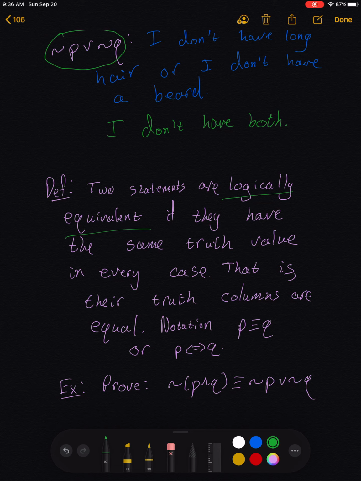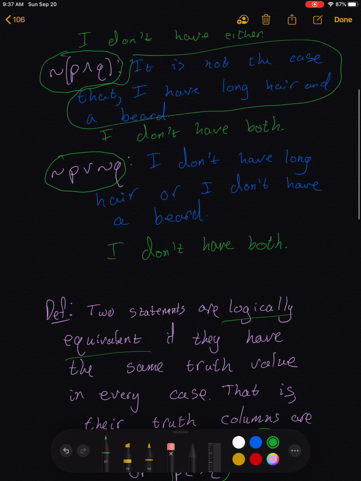That is, that their truth columns are equal. And there's a couple different notations here. We'll use the triple bar just like set equivalency, or a double arrow. Either one, you'll see in different scenarios. Okay, so what we just said was that, again, going back to this example here, the negation of P and Q was logically equivalent to the negation of P or the negation of Q.